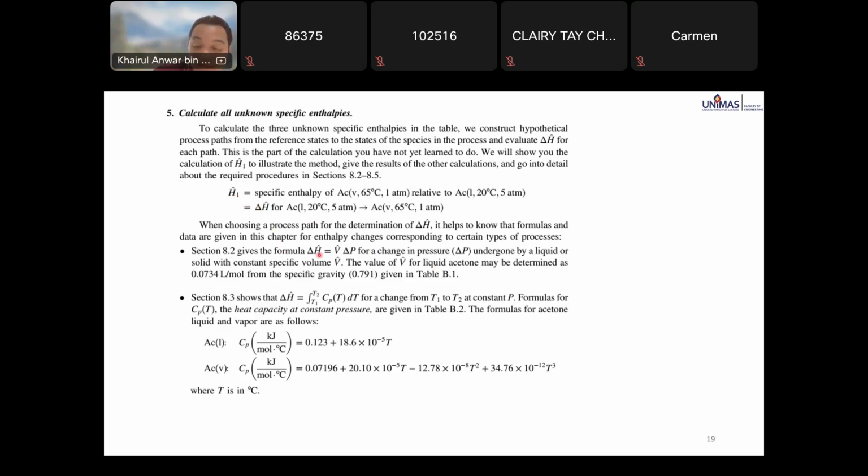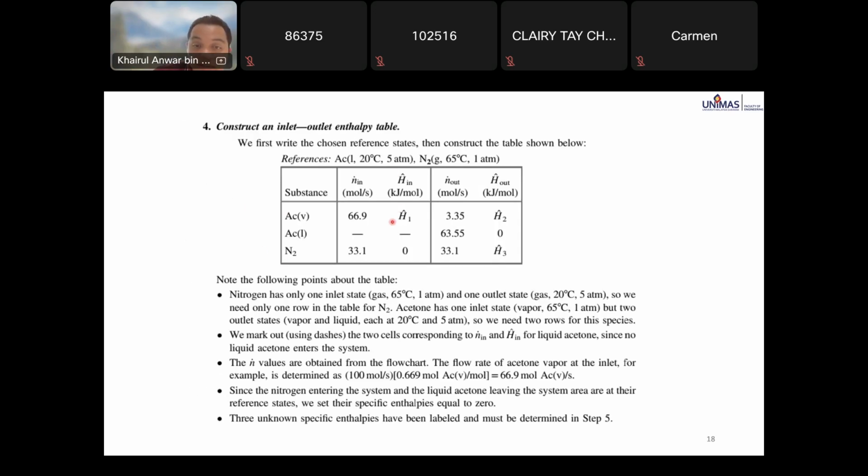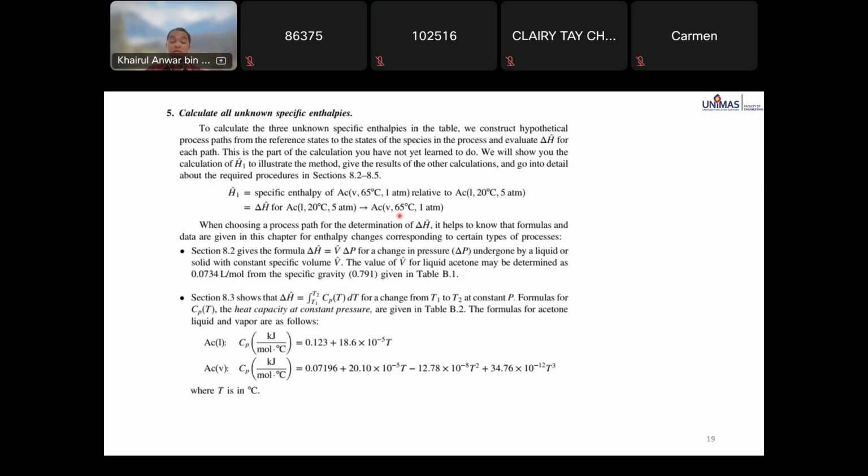So for H1, refer to this for acetone vapor.